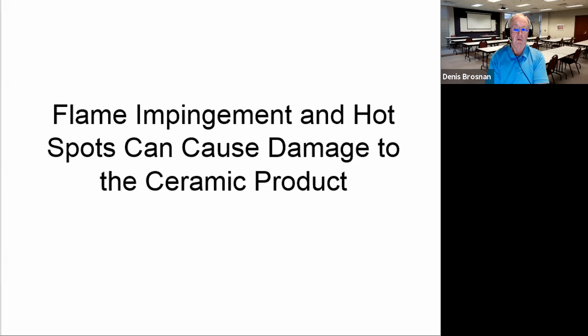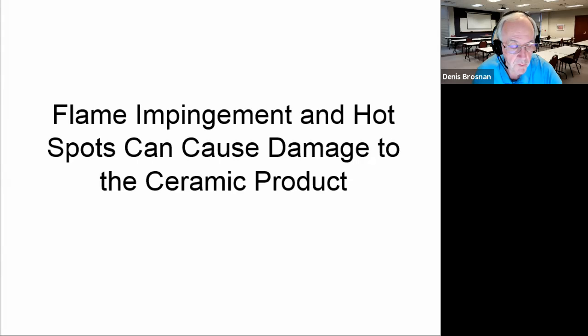The swirl of hot gases going through and around the product really helps us to transfer heat into the product. That's what we need to do to cause sintering to take place. But nevertheless, we typically will avoid flame impingement directly on the product.